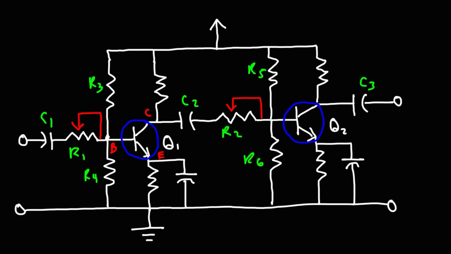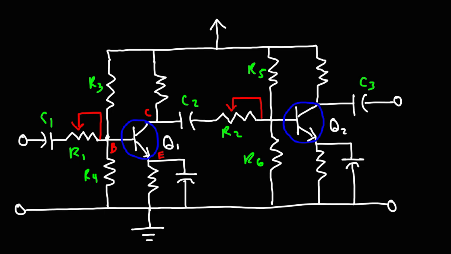And the same is true for R2 as well, because the voltage generated by Q1 may be too high, and so R2 can reduce the voltage generated by Q1 so that it doesn't create distortion in Q2. It doesn't drive the second transistor into the cutoff or saturation region.